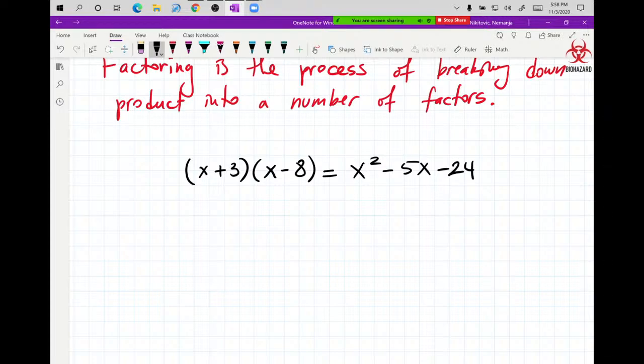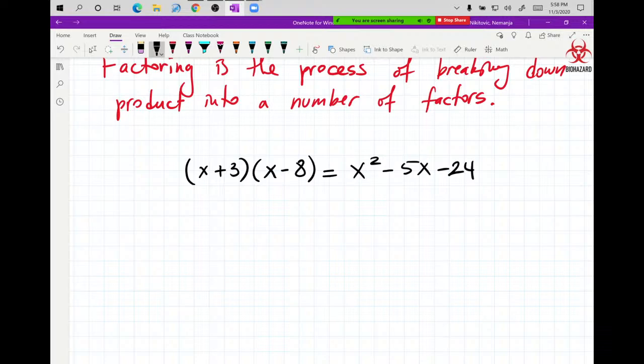So if you are to go and FOIL and do all of those steps that you learned in chapter 5, you would be able to multiply two binomials and obtain this answer, the product at the end. This is basic foiling from 5.3, and everyone should be able to do this quickly.